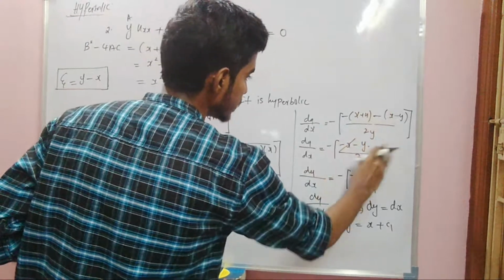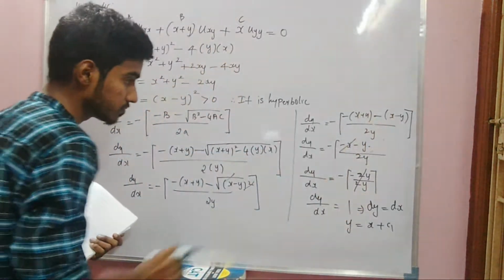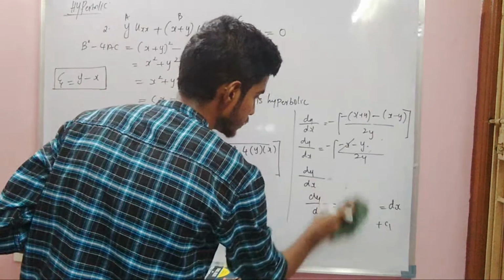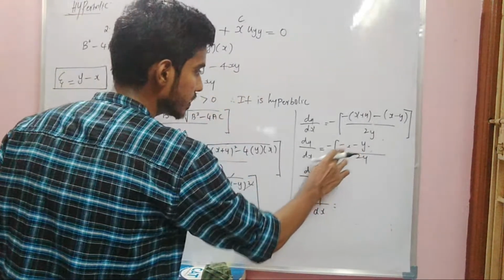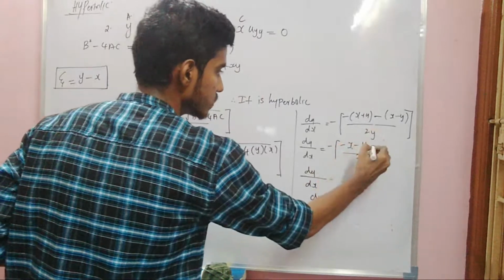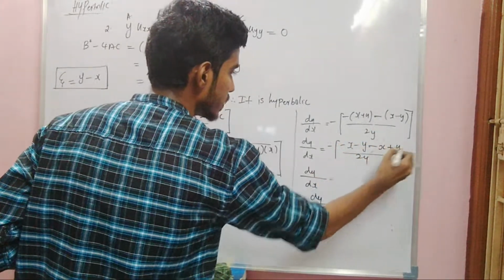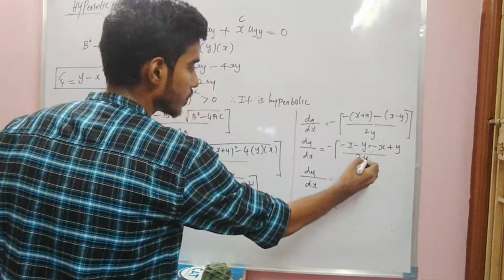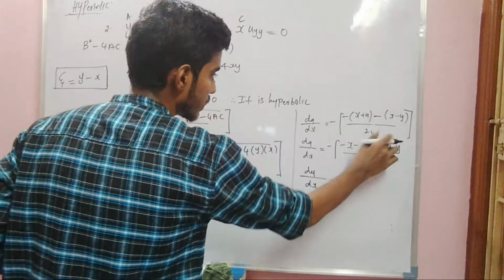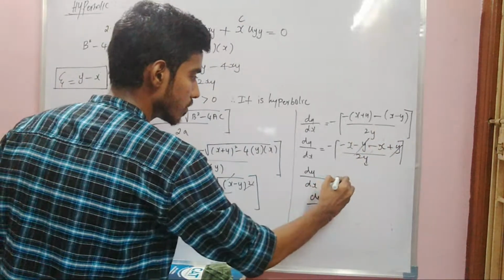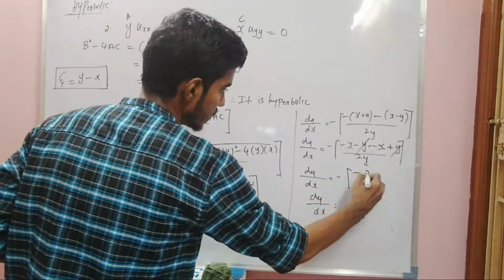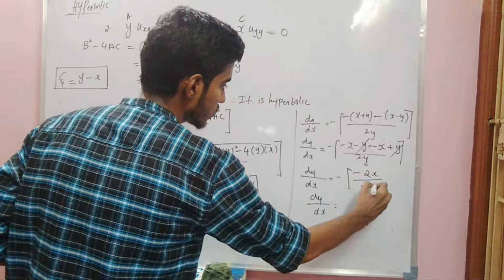So when I bring minus inside, this will be minus x minus y, this will be minus x plus y, divided by 2y. So minus, sorry, y will get cancelled now. So we have minus of minus 2x divided by 2y.